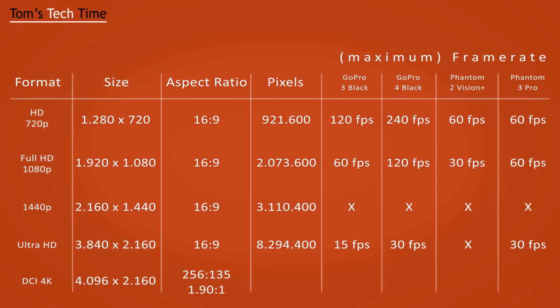A single frame consists of 9,437,184 pixels. Wow, that's a lot, I know, and both GoPros and the Phantom 2 Vision Plus don't support DCI 4K at all. Only the Phantom 3 Professional can record DCI 4K with a maximum of 25 frames per second. So in this category, the Phantom 3 Professional is the winner.